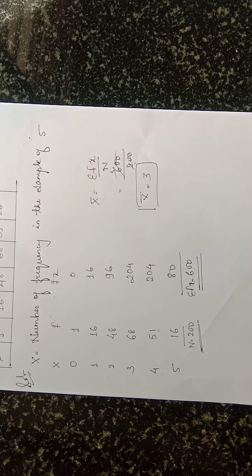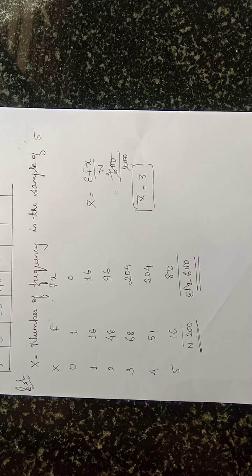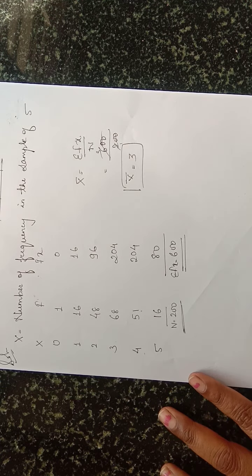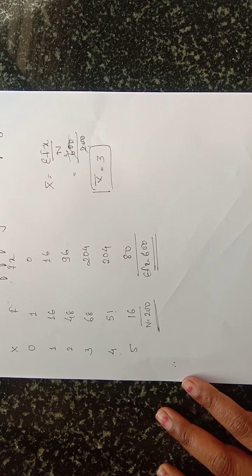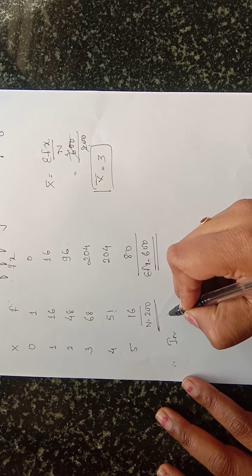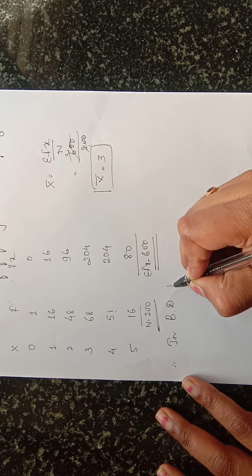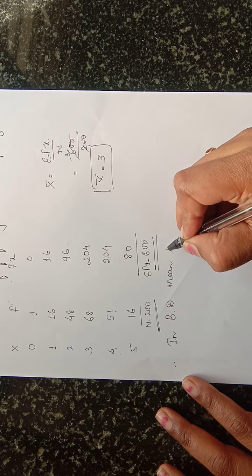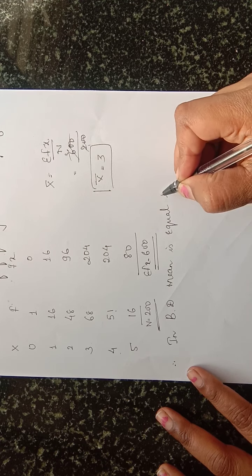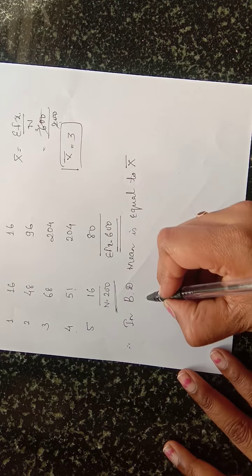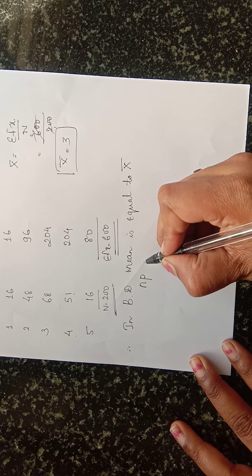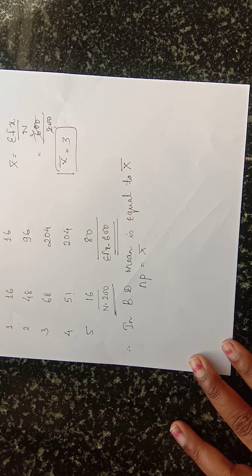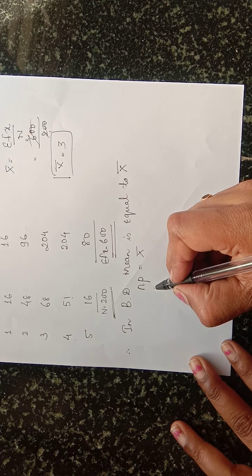Now the next step is to find the p value and q value. In binomial distribution, the mean is equal to x bar. What is the mean formula in binomial distribution? np. So np means the mean.